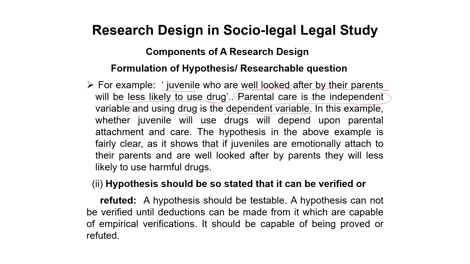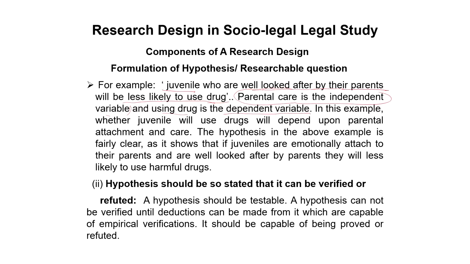Whether a juvenile will use drugs will depend upon parental attachment and care. If the researcher sees that parents are taking very good care of the child, or the child is emotionally very much attached to the parents, the chances of the child taking drugs will automatically reduce. It means parental care here is the independent variable, and the involvement of the child in taking drugs will certainly depend on the parental care.